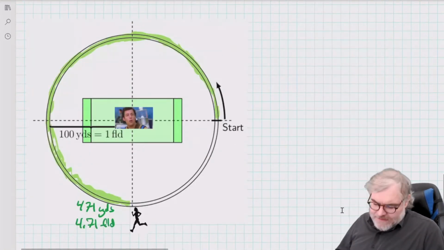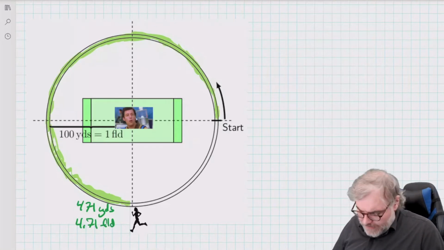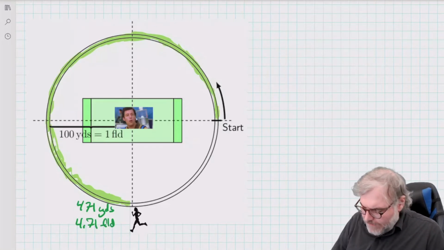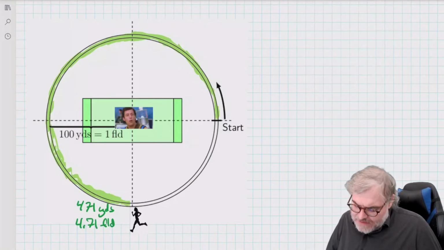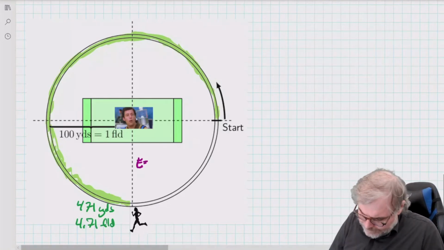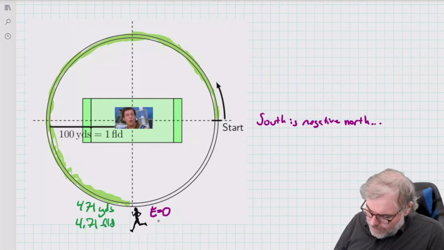Now that's 4.71 fields. So the distance here around the circle that we've run is 471. Now, again, we had eastiness is going to be 0. So our northiness here is going to be negative 100 yards.